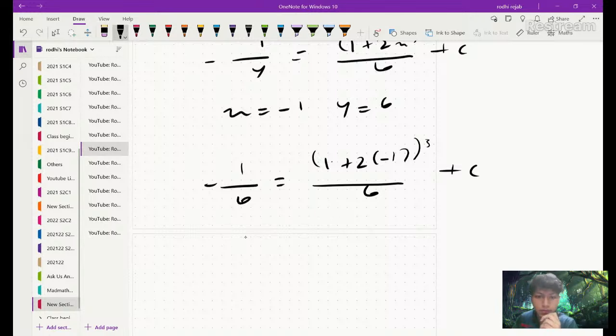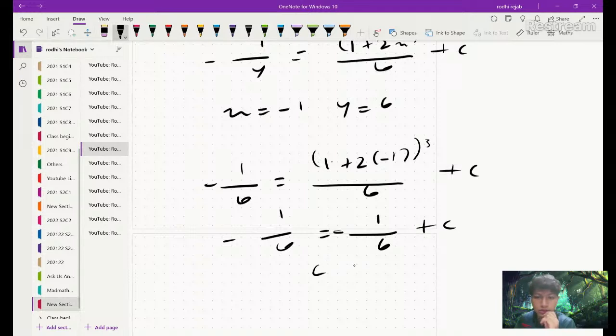So we will get negative 1 over 6 is equal to 1 over 6 negative plus c.